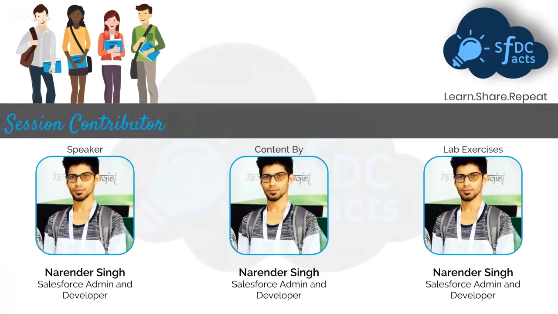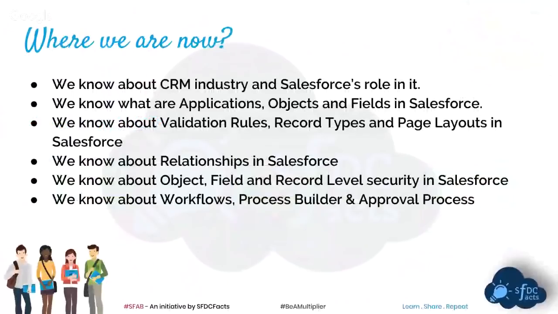So before moving forward, let's quickly recap what we have done so far and what we have learned so far. We discovered what is CRM industry and what is Salesforce's role in it, and we discovered what are applications, objects, and fields in Salesforce, what are validation rules, what are record types, page layouts. We also discussed what are the relationships among the objects, what is the data model. Then we also learned about how to implement the security.